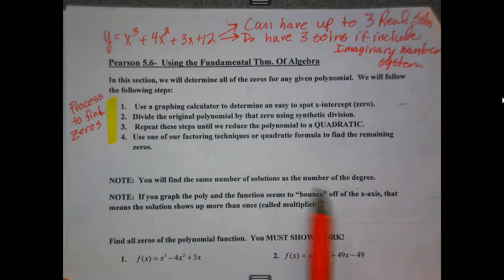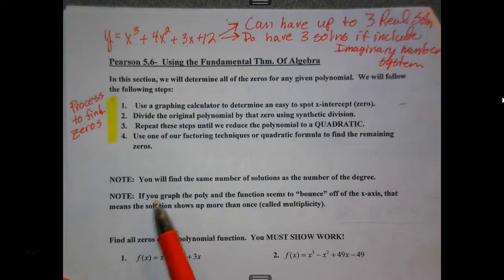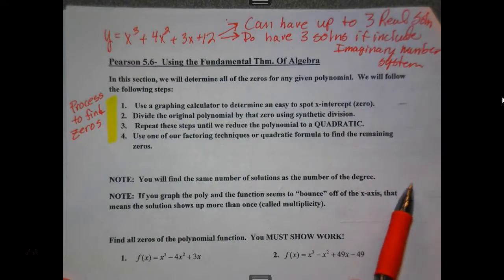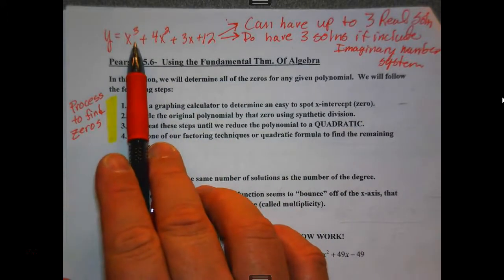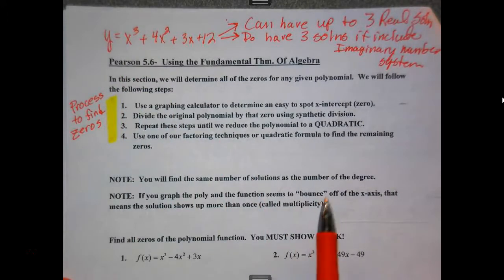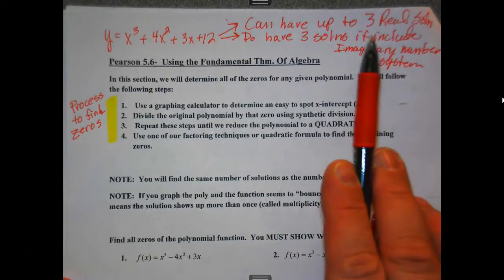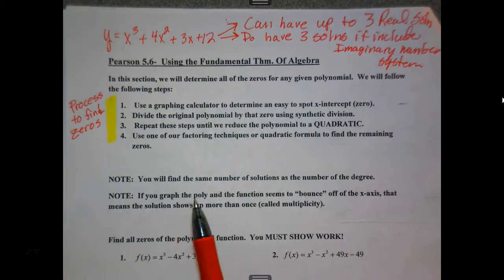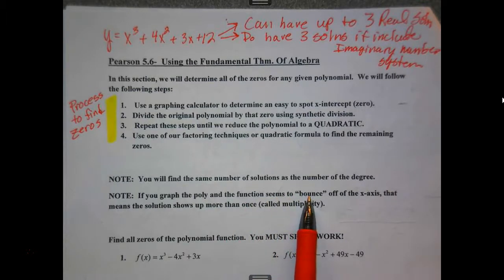Here are the little notes about this. You will find the same number of solutions as the degree. Like my example up here, my degree is 3, so that would be 3 solutions. And here's another note. If you graph the polynomial and the function seems to bounce off the x-axis, that means the solution shows up more than once.